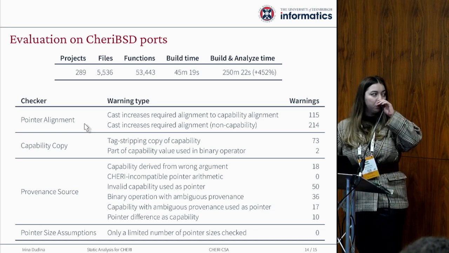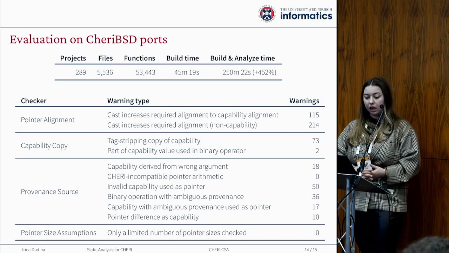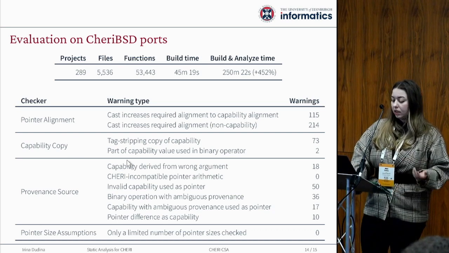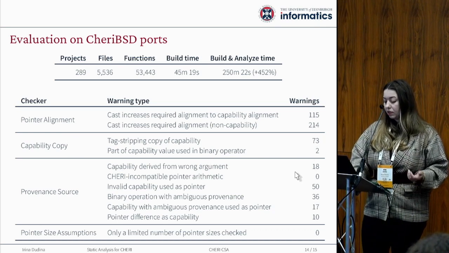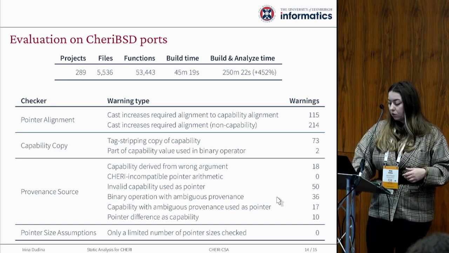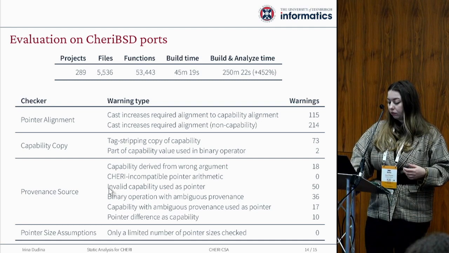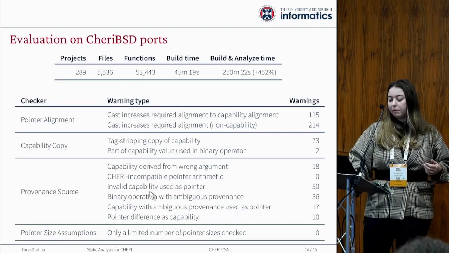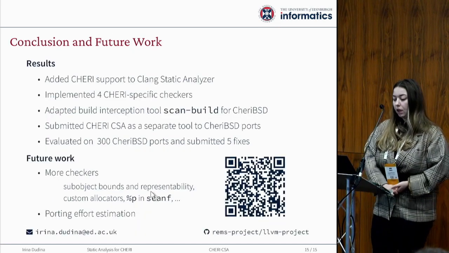I still have more ideas how to extend it and how to get more warnings. The capability copy detector is not very useful. Most of those are actually false positives. And as I said, from the provenance source detector, the most helpful one was when we have an invalid capability that we are trying to use as a pointer.